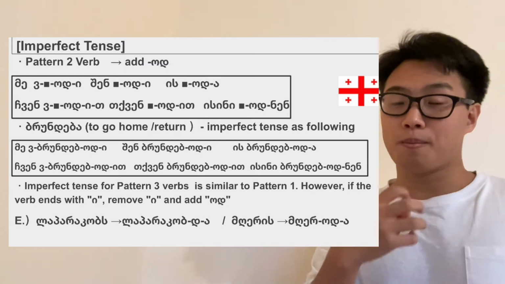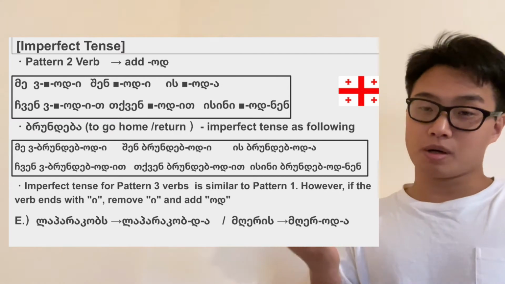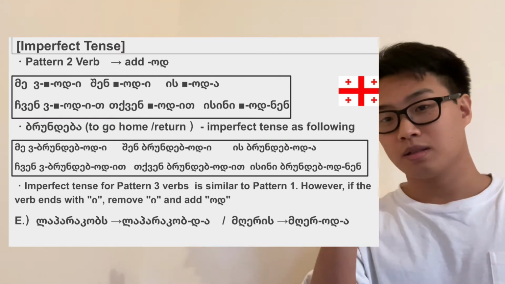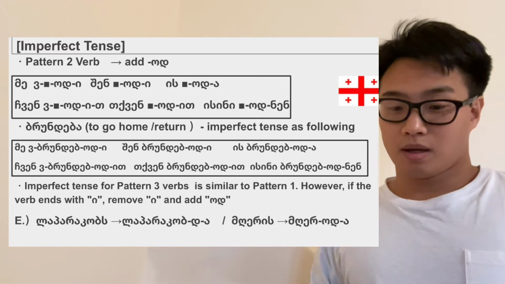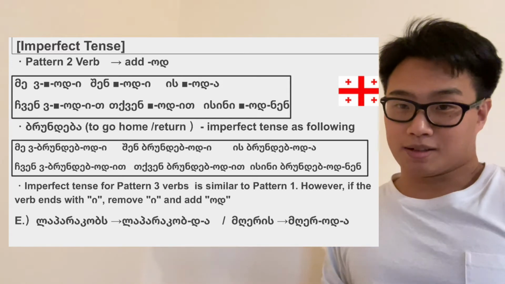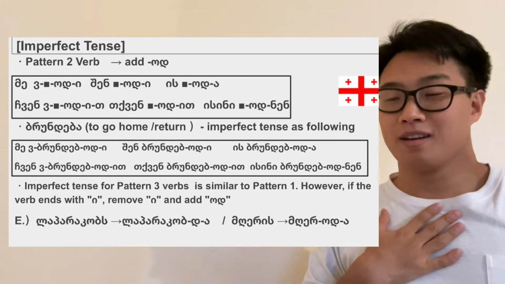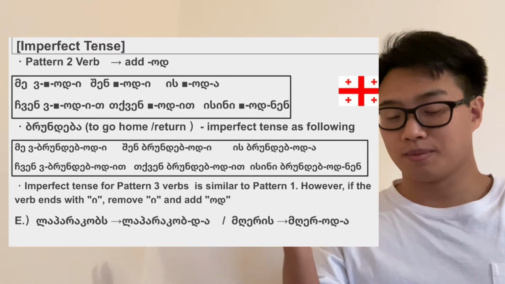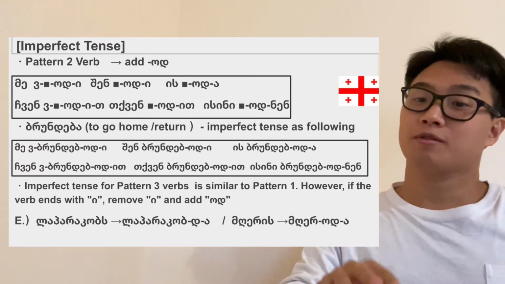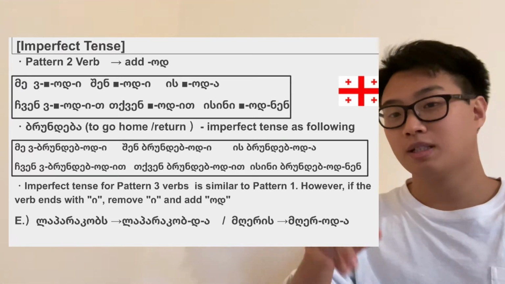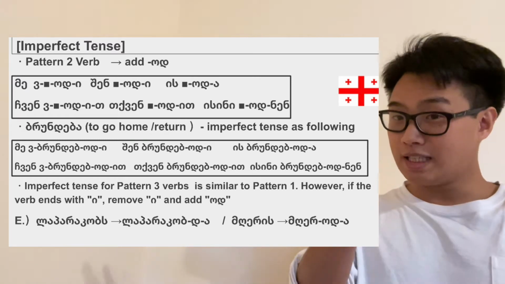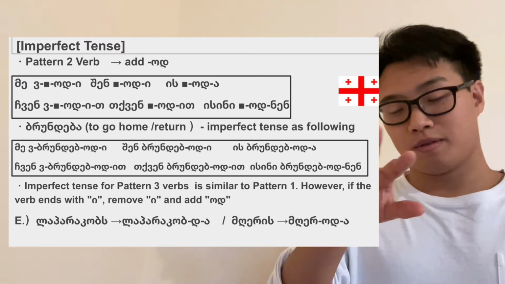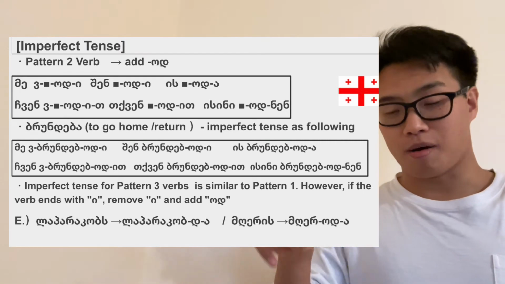So for example, me, first person marker, verb root, and -od, not -di, -od. Well, actually that's it. We have to add -od, and that's it. Me, the first person marker, verb root, -od, and shen, verb root, -od, and e, and is, third person singular form, verb root, -od, and a.